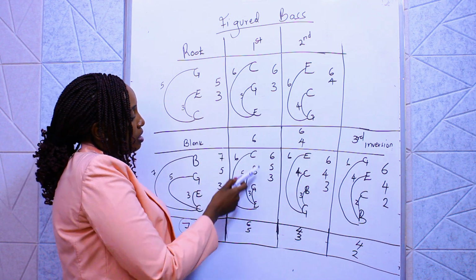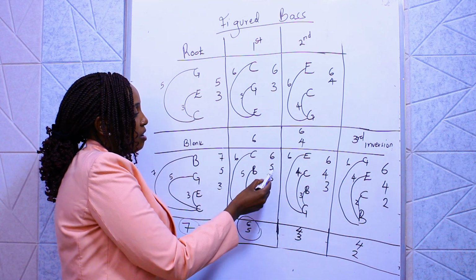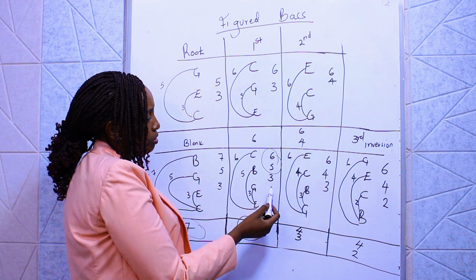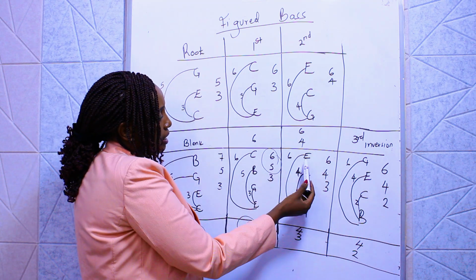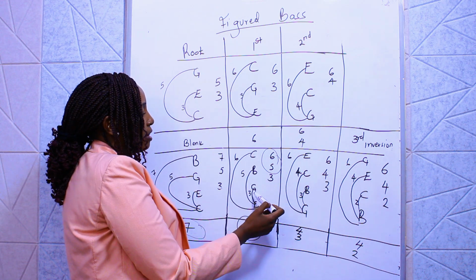And then for the first inversion of a seventh, we'll show a 6/5, just the upper 2 numbers. And then these are the intervals, you know, a sixth, a fifth, a third.